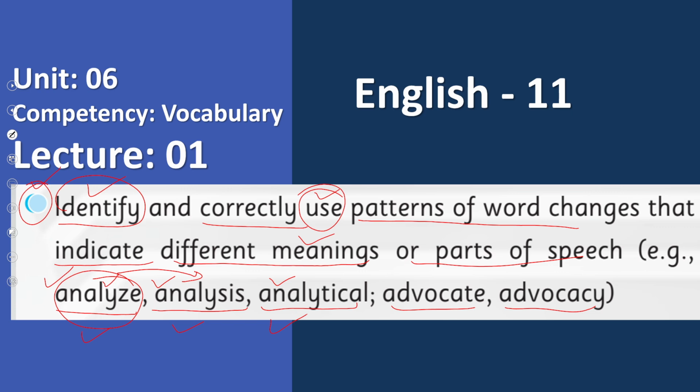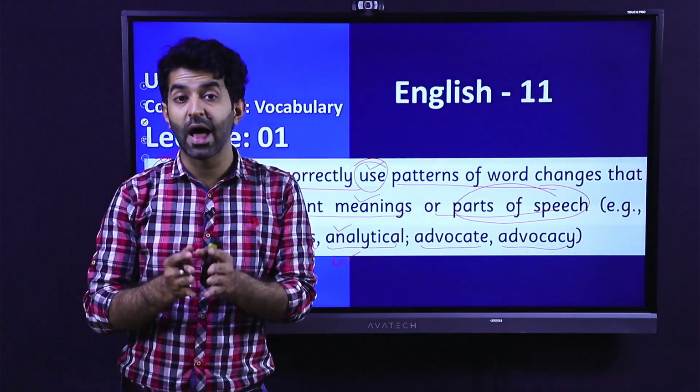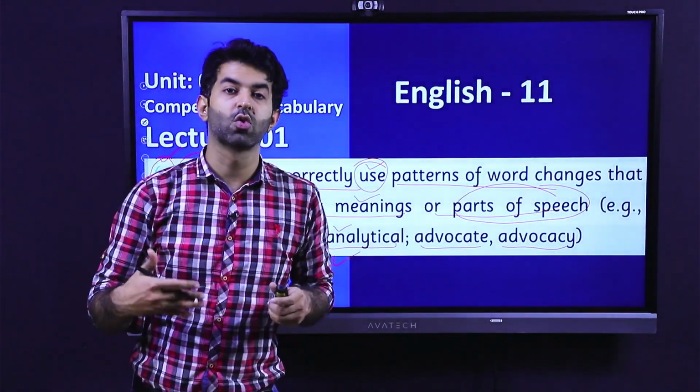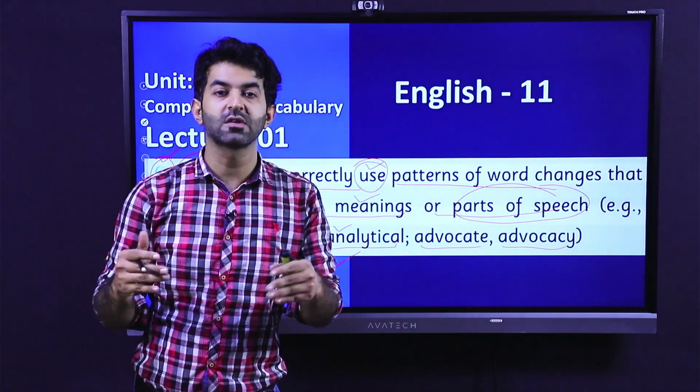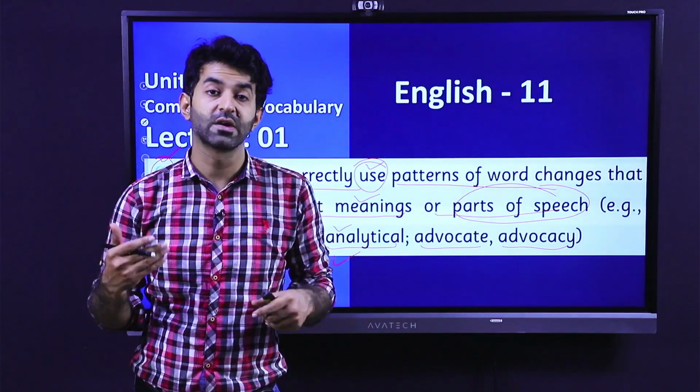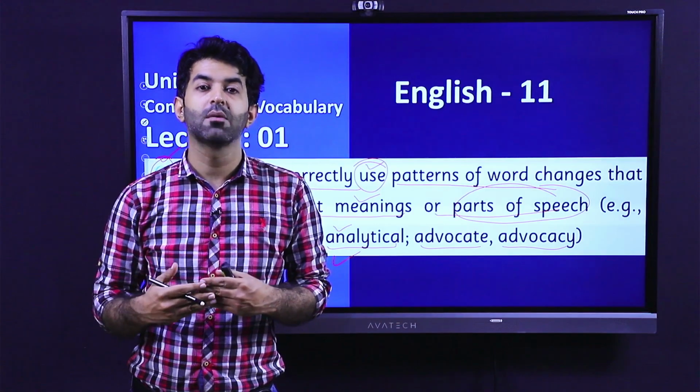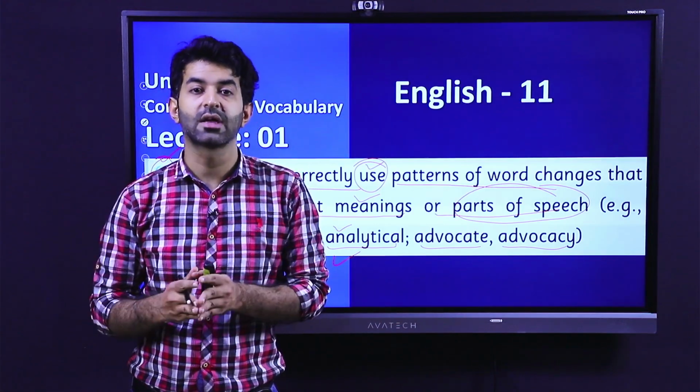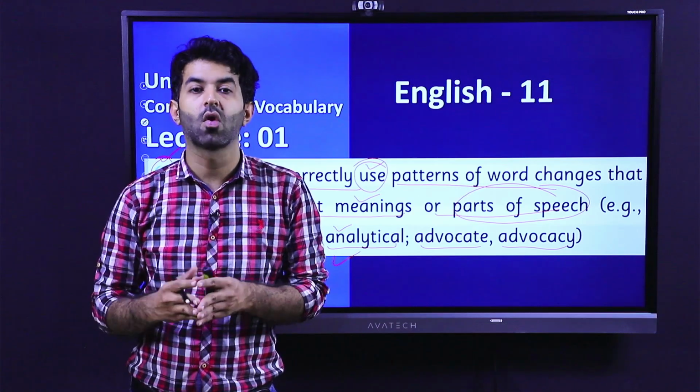They also give us an idea that their classification or part of speech has changed when we are forming different words in the English language. So a noun can be converted into a verb following some prefixes or suffixes. It can become an adjective, it can become an adverb, and all of these things.